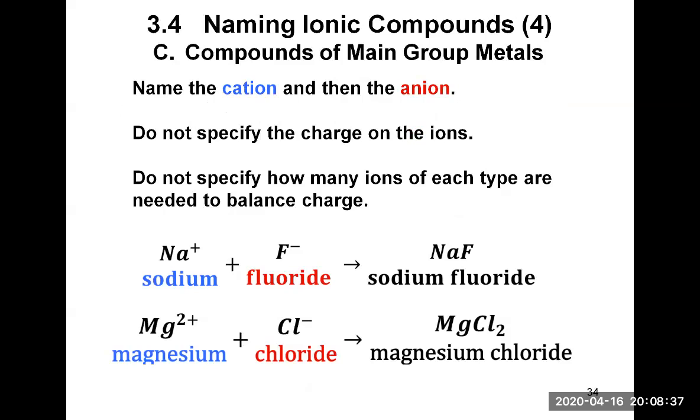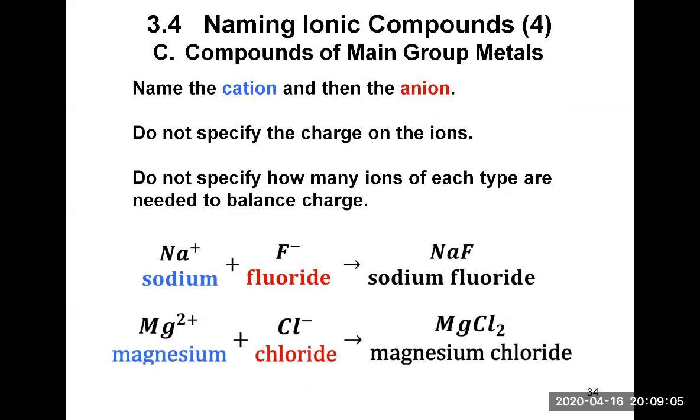Now let's name a full ionic compound, a compound of the main group metals. First you name the cation and then the anion, in the order that they appear in the formula. You do not specify the charge on the ions. You do not specify how many ions of each type are needed to balance the charge.